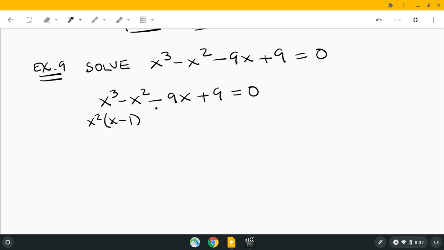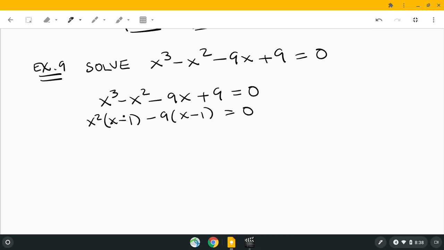Then over here, bring down the sign, and now ignore them. This is your second group, and they have 9 in common, so we're going to factor out a 9, and I'll have x. Remember, you have a negative 9 out here, so that's going to change this sign, and we're going to have x minus 1.